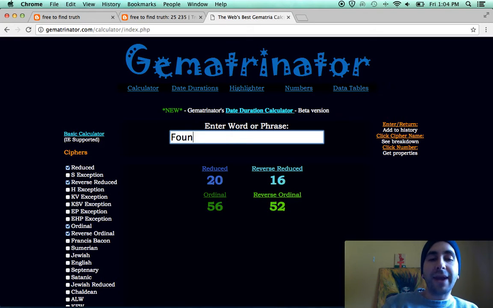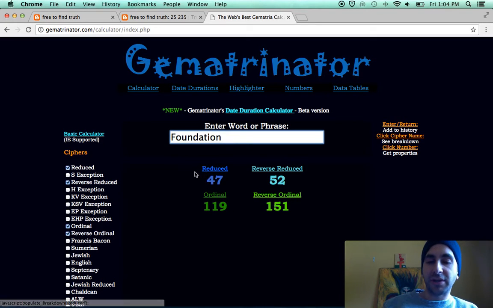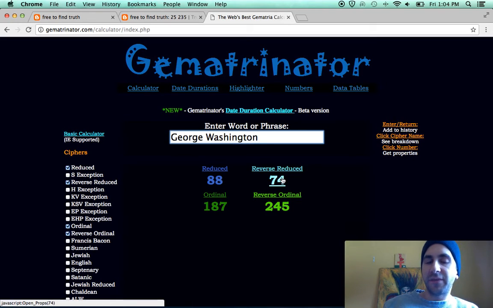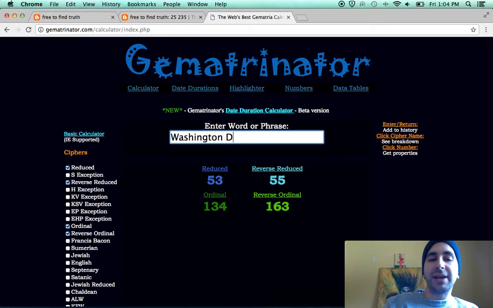The word foundation has gematria 47. This nation, founded by Freemasons, framework 47. The first recognized president of the nation, George Washington. Look at his name. 74, the reflection. Notice the 187. Washington, D.C., also 187.